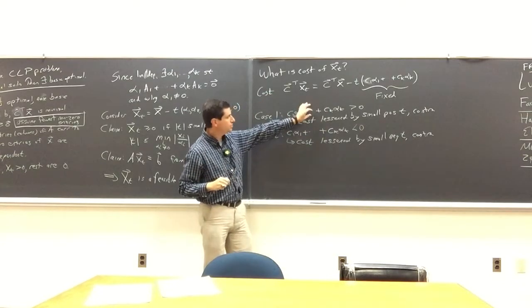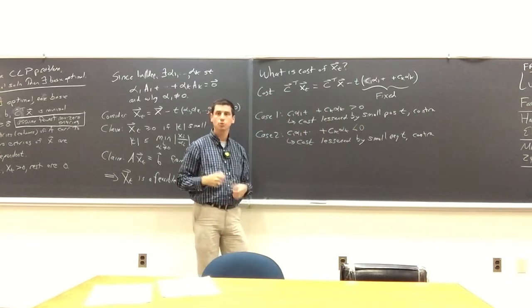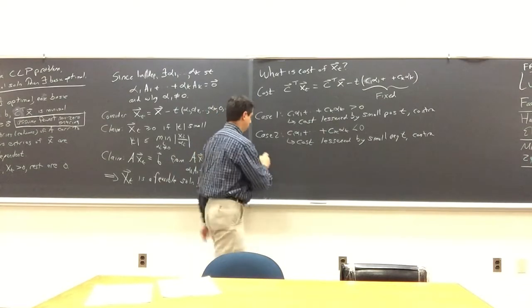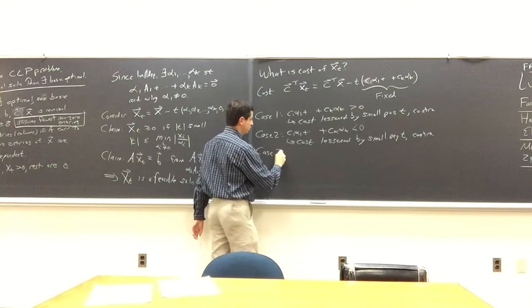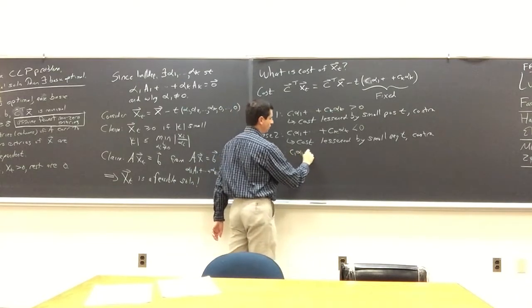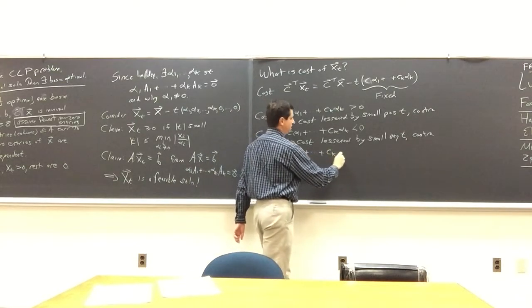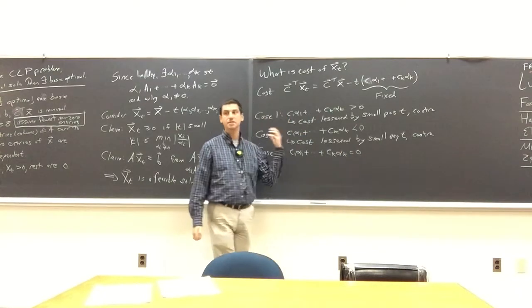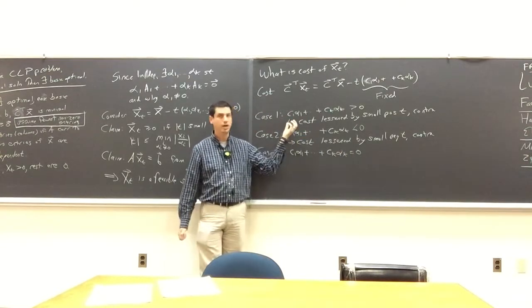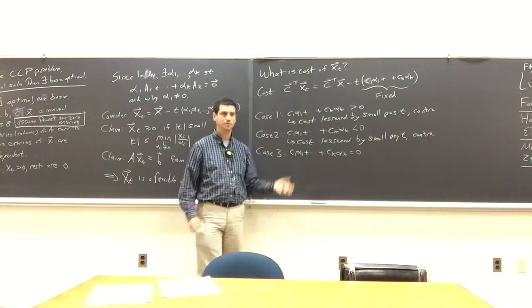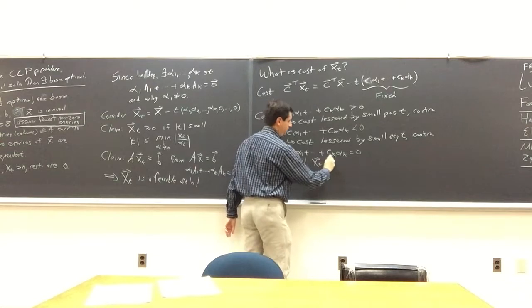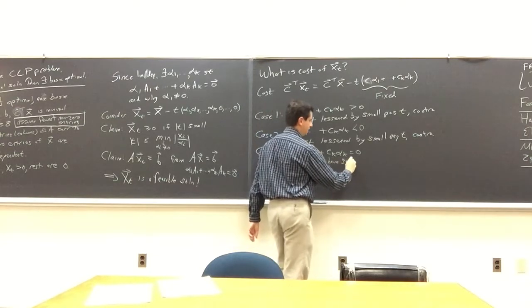So if this quantity is not 0, we have a contradiction. There's only one possibility left: it's 0. So case 3, C1 alpha 1 plus CK alpha k equals 0. In this case, what it's saying is no matter what xt you have, they all have the same cost. So all xt have the same cost.